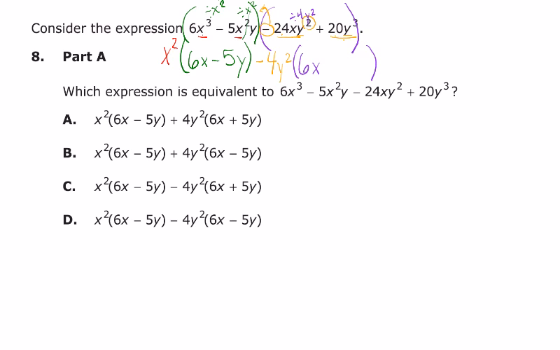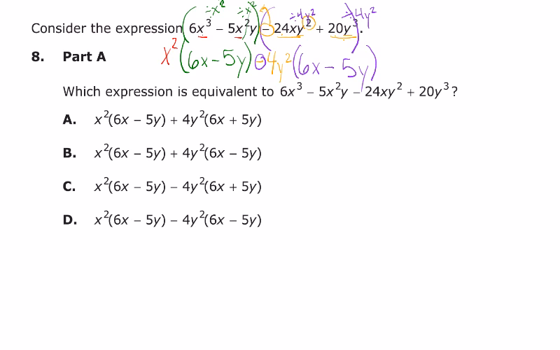X comes down because we're not dividing by x. Y squared divided by y squared cancels out. Alright, then I'm going to divide 20y cubed divided by 4y squared. Alright, and so 20 divided by 4 is 5. Y cubed divided by y squared is y. And one thing to remember here is that we have a negative 4 that we're actually dividing by. So 20 divided by negative 4 would be negative 5.